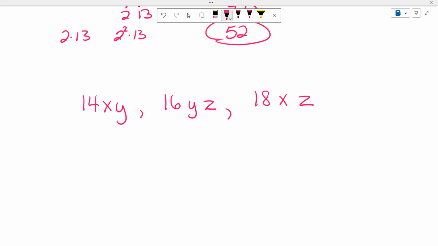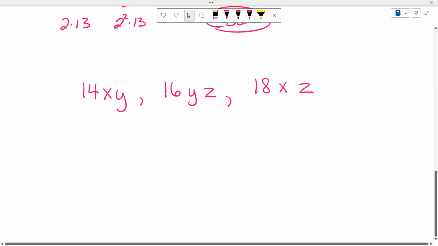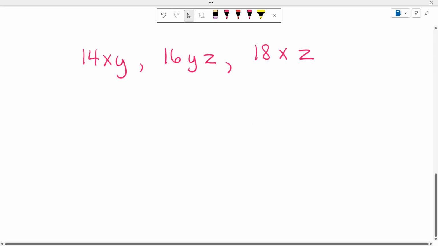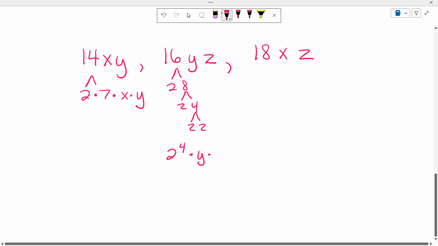Let's find the least common multiple of these 3 numbers. 14 is what and what? 2 and 7. So it's 2 times 7 times x times y. 16 is 2 and 8, which is 2 and 4, which is 2 and 2. So it's 2 to the 4th power times y times z.